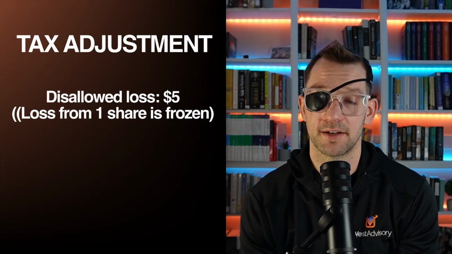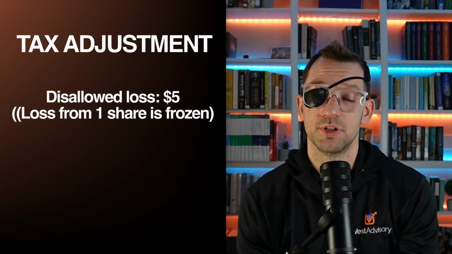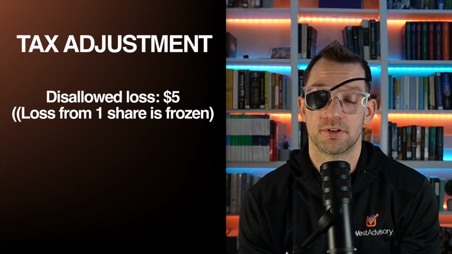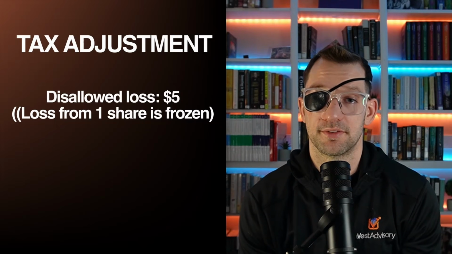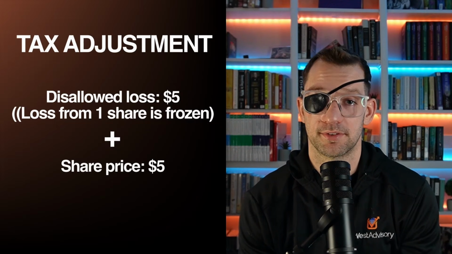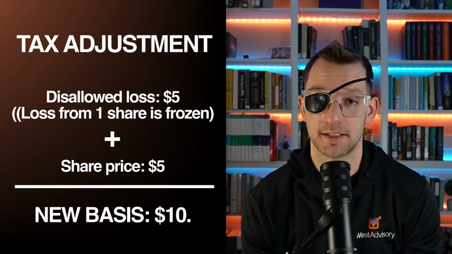Recall that you had a $5 loss per share on that sale. So you need to take $5 per the number of shares that you bought that triggered the wash sale rule. In this case, it was 1, and add that back to your basis. And since your basis was $5, now it's going to be $10.